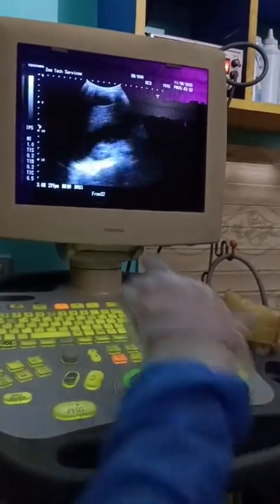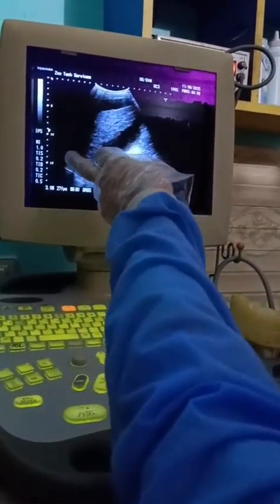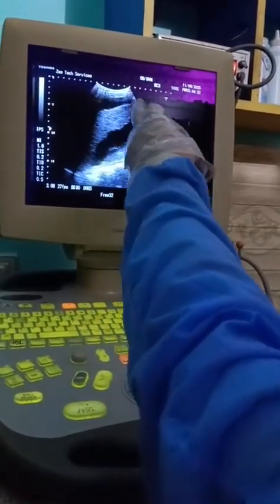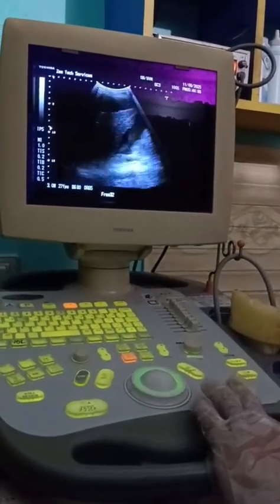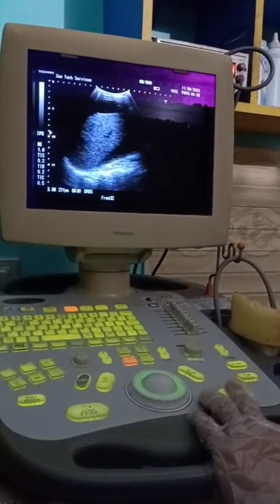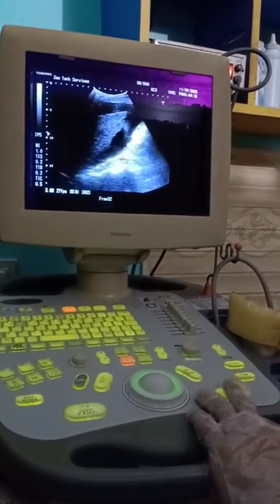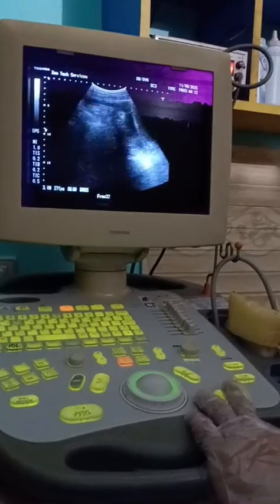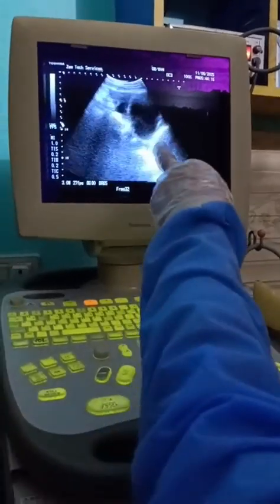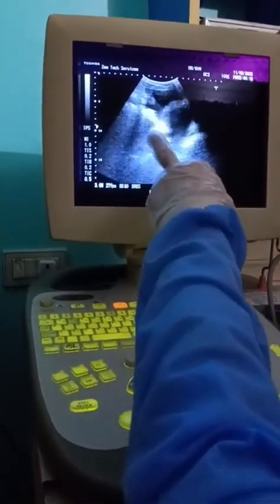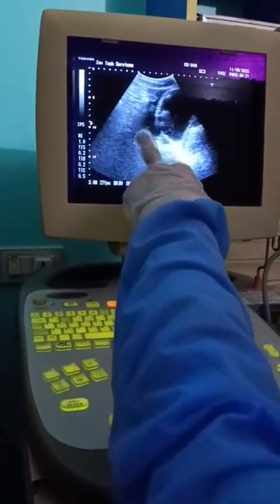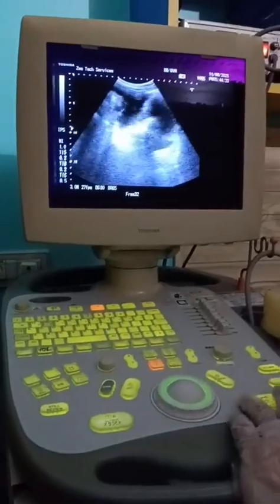So the right liver lobe is surrounded by hypoechoic fluid. This is the massive fluid which extends from the liver and upper part of the abdomen to the lower part. You see here, this is the urinary bladder, this is the wall of the urinary bladder, this is ascitic fluid.